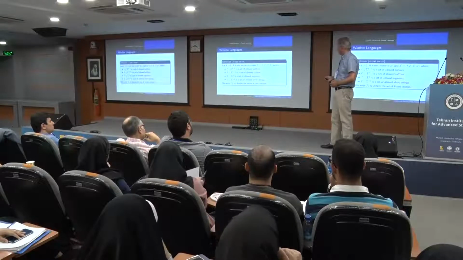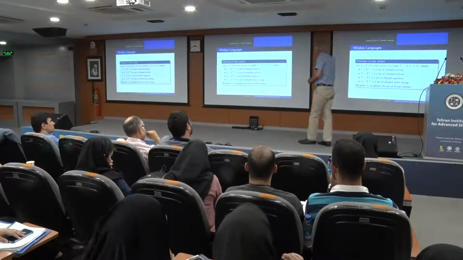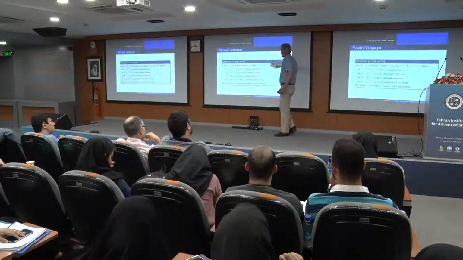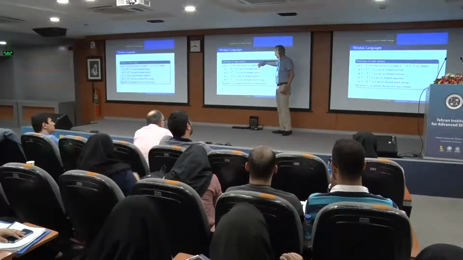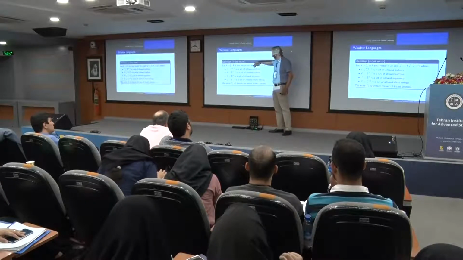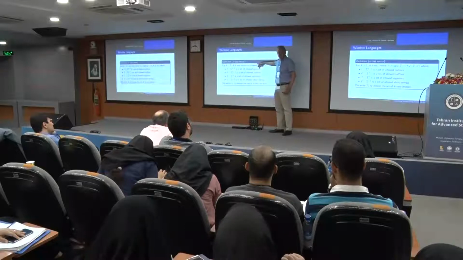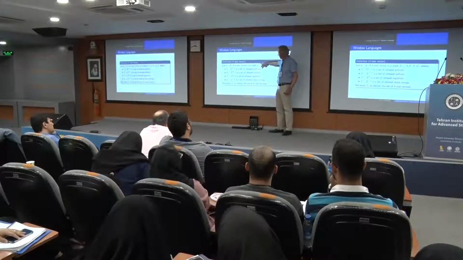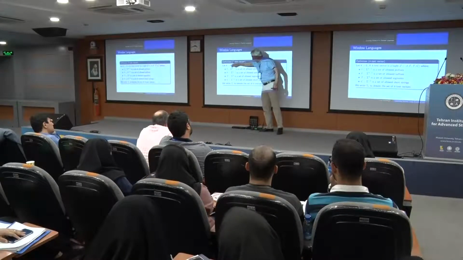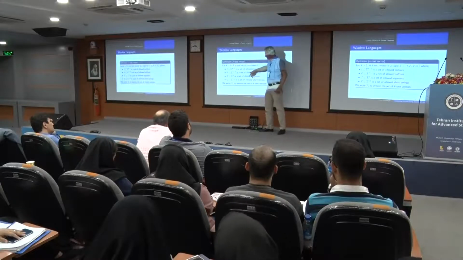So a window language is fully determined by a test vector. You describe which initial fragments of words are allowed, prefixes, so you have a finite set of sequences of length k minus 1.